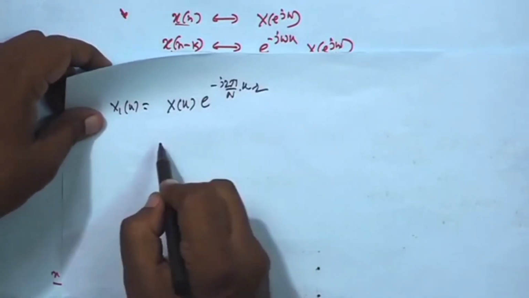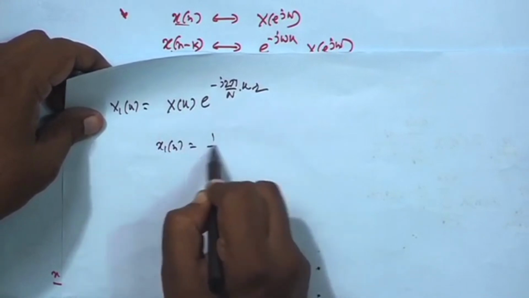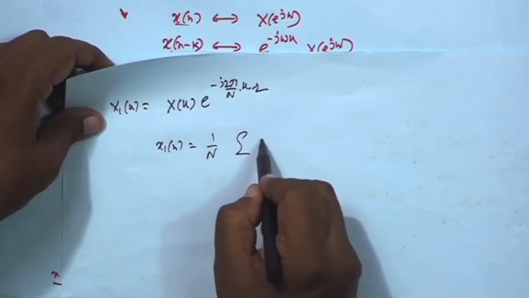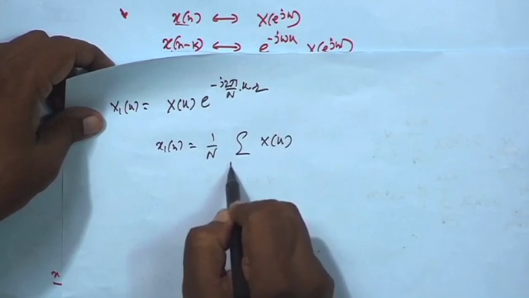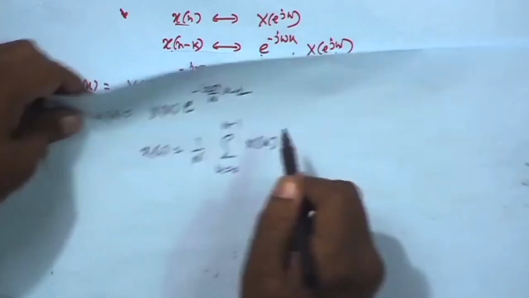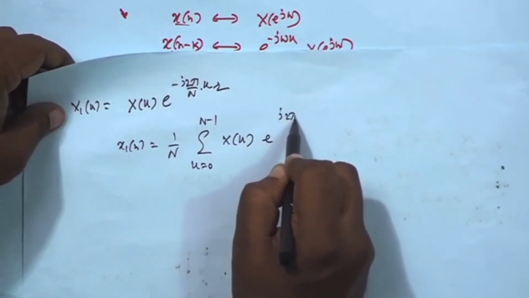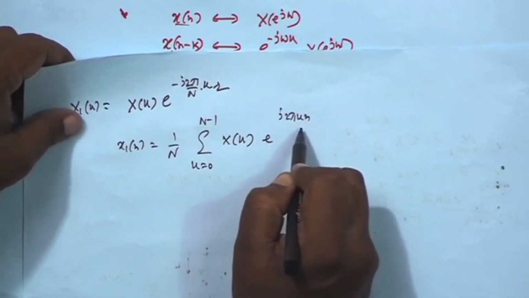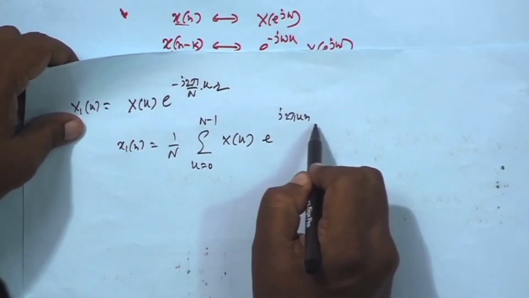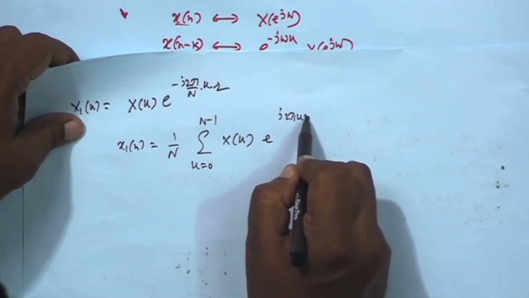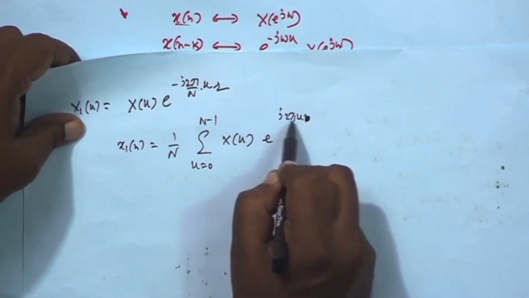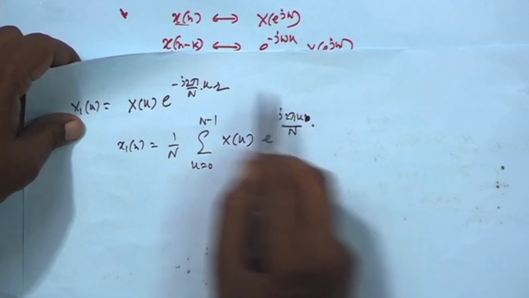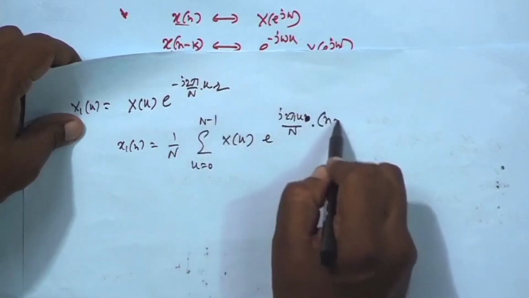Then what will be x 1 n? X 1 n will be the inverse DFT of this, with e to the power j 2 pi k by n into small n, and in this case minus r. So n minus r outside.